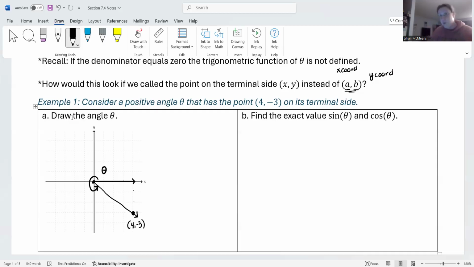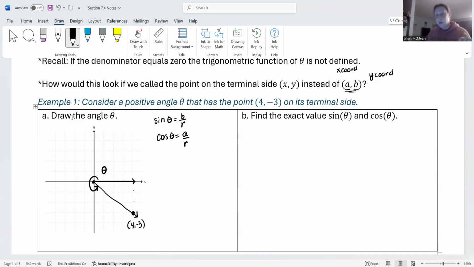Now we know from the definition that we just looked at that sine of theta is going to be b over r, and cosine of theta is going to be a over r. Well, given this point on the terminal side, we know the values of a and b, but we don't know the value of r.